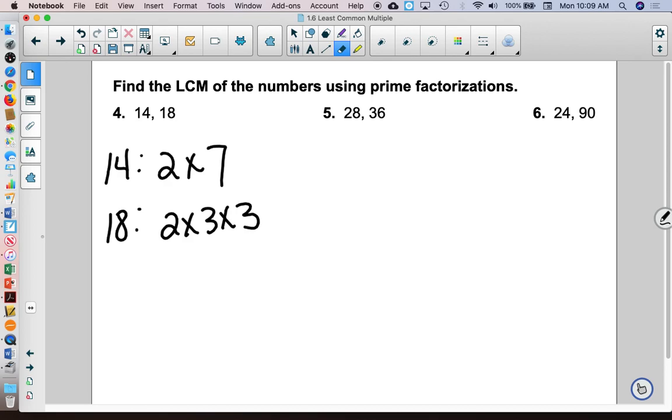Okay. Where's the biggest group of 2s? Just pick one of them for me. Where's the biggest group of 2s? 18. Okay, I'm going to bring these. So I've got 2. Does this 2 get to come? No. The other one's already there. Can't come. What about the biggest group of 3s, and how many are there?